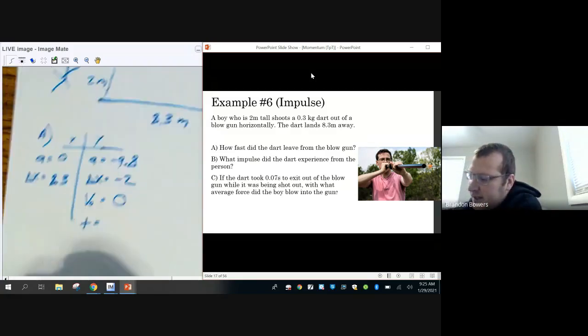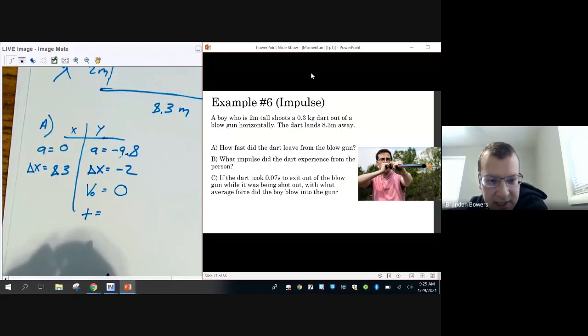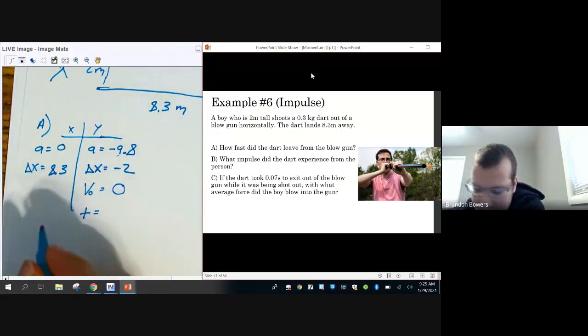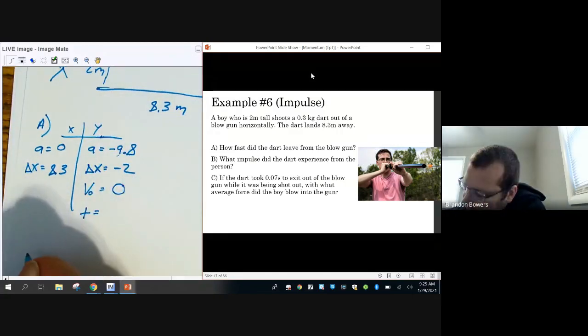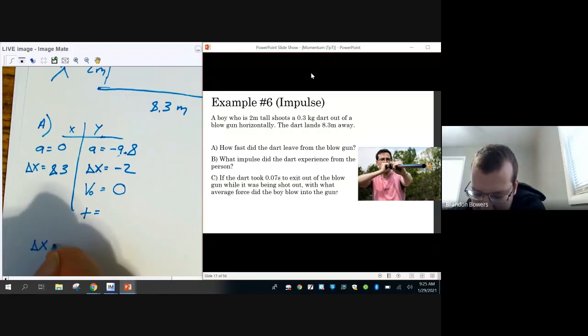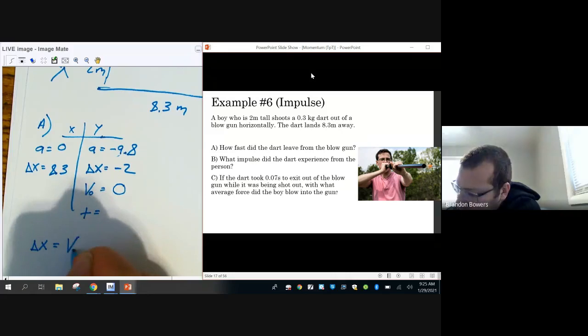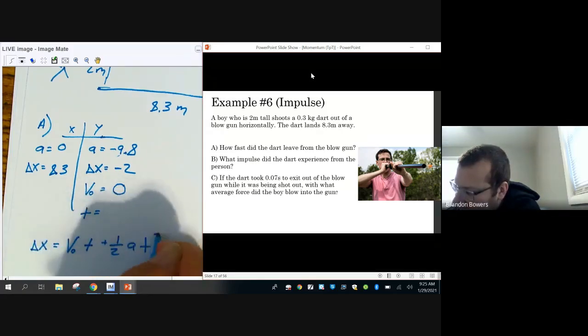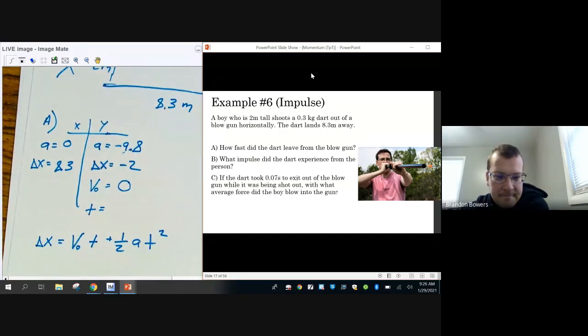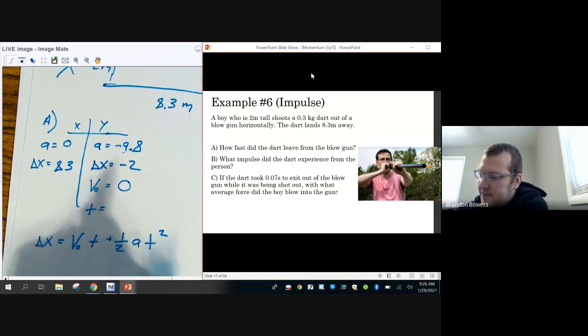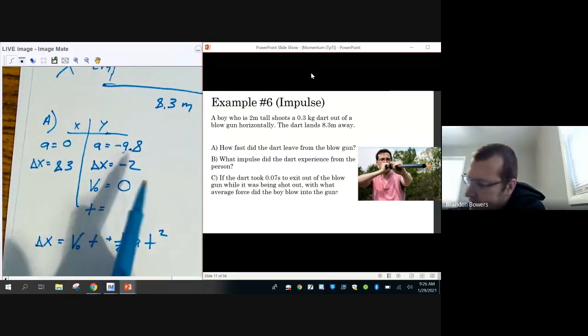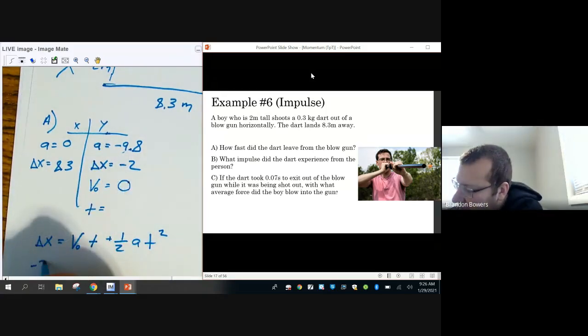Hopefully, looking at these factors, you chose delta x is equal to the initial velocity times time plus 1/2 the acceleration times t squared. So I'm going to plug these values in. My delta x in the y direction is -2.